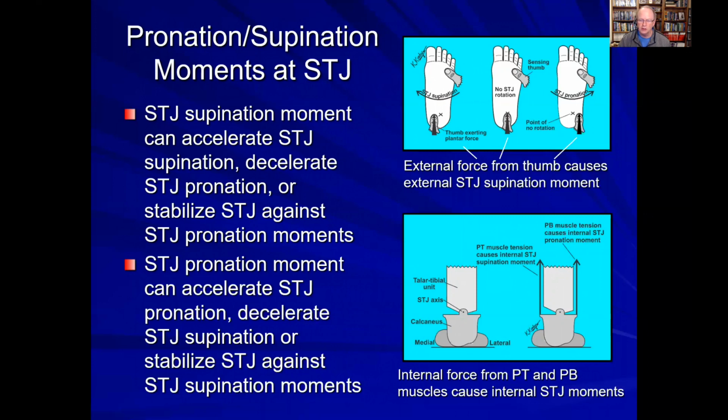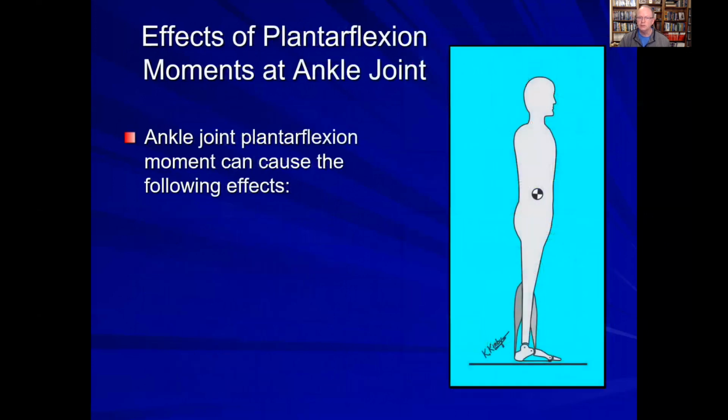or the joint surfaces. What are the effects of plantar flexion moments of the ankle joint? Here we have one of my drawings with the center of mass, person standing. We have the gastrocnemius soleus muscles attaching to the Achilles tendon on the posterior aspect of the calcaneus, which can cause plantar flexion moments.